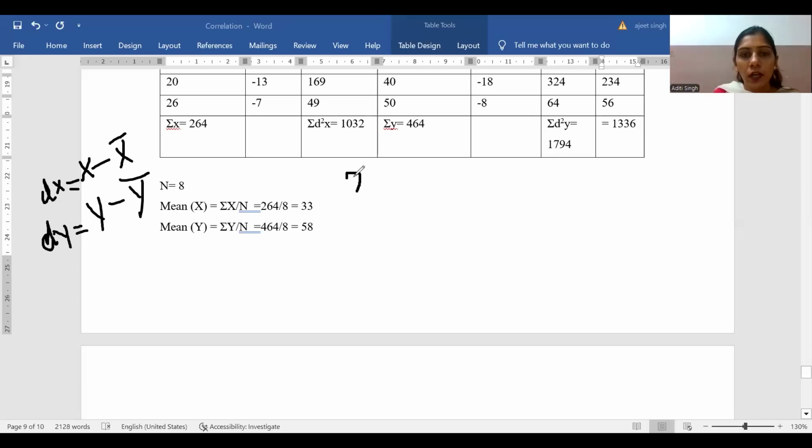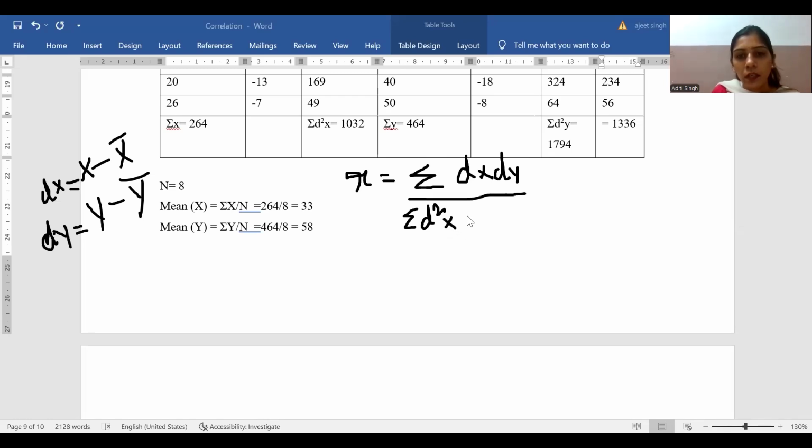So the value R is equal to the sum of dx dy divided by the square root of the sum of d square x multiplied by the sum of d square y.